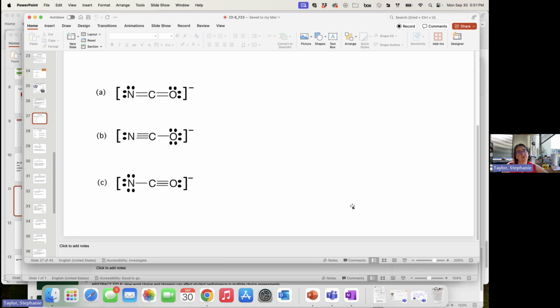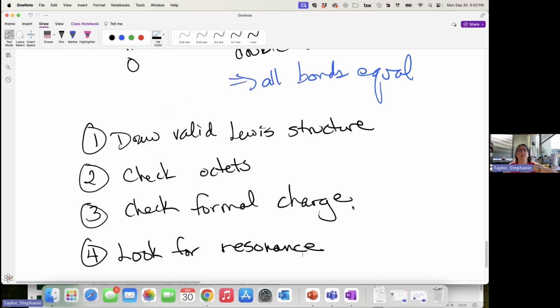Since the right number of electrons are here, you can describe all of these as resonance structures of each other, but you have to keep in mind, if we are asking you to draw things, we expect this. We expect you to draw a valid Lewis structure, check octets, check formal charge, and only after you've optimized everything, then you're going to look for resonance.